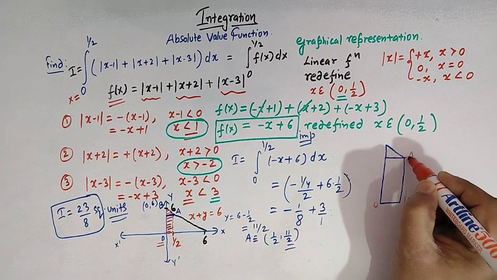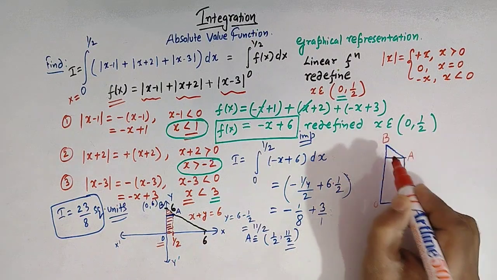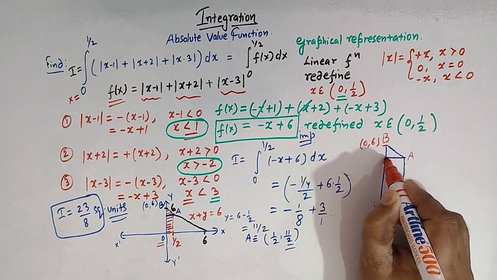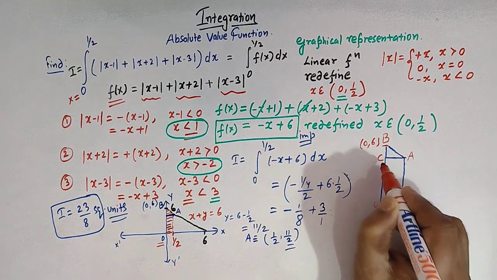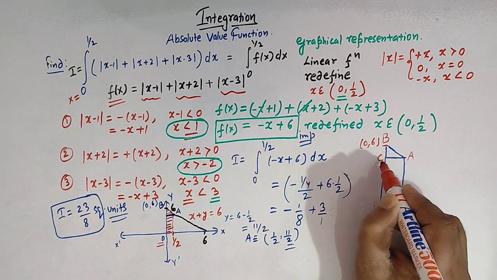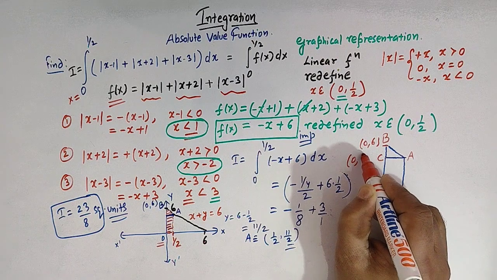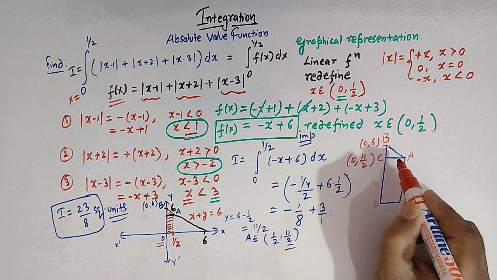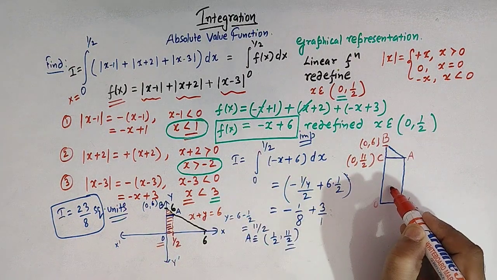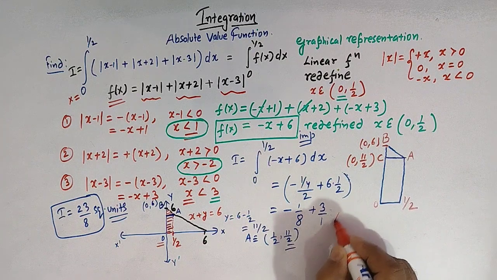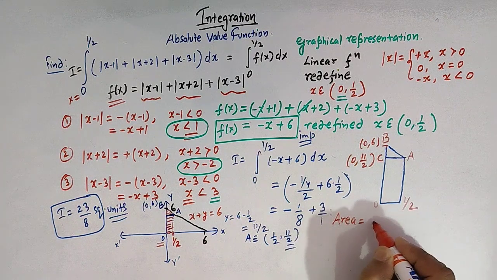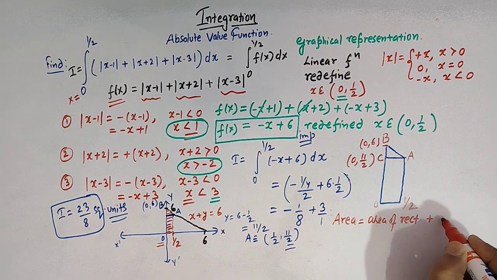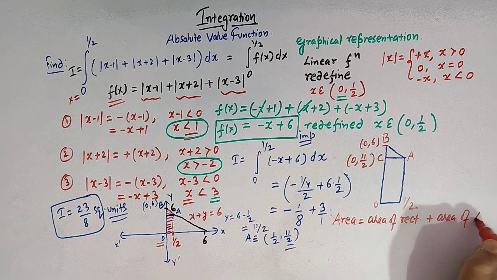And see, here we have the point A, here we have the point B, and this point is 0 comma 6, and here we can take this point as C, and the coordinates of this point C are 0 comma 11 over 2, right? So our shaded region is the sum of these two areas, right? So the total area is equal to the area of the rectangle plus the area of the triangle, right?